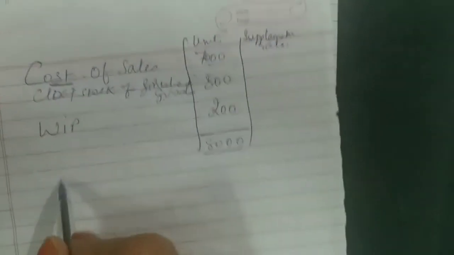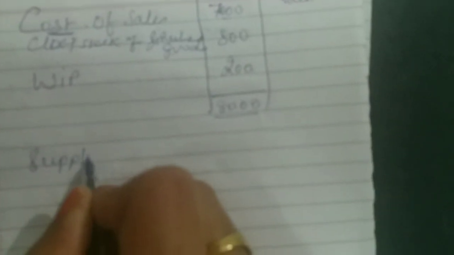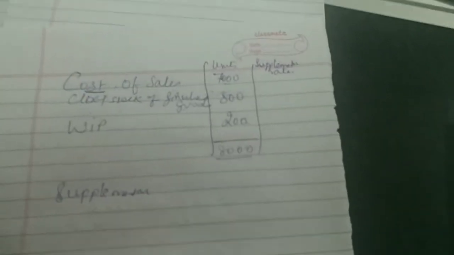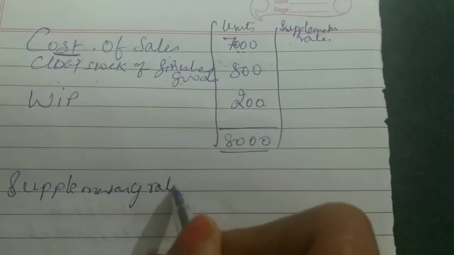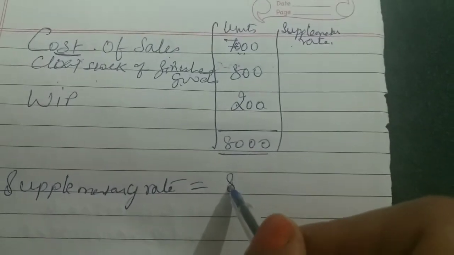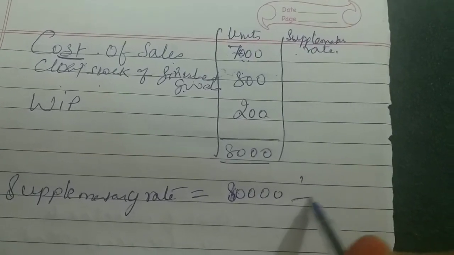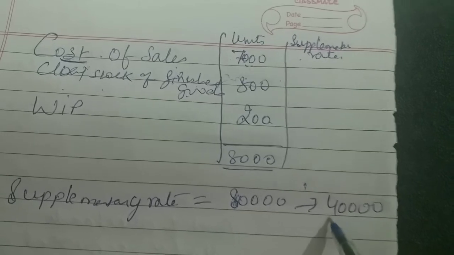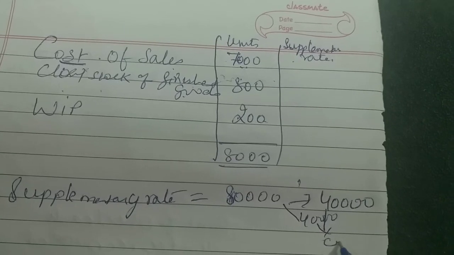So how would the supplementary rate be calculated? Now you remember, 40,000 out of the 80,000, only 40,000 had to be adjusted to these, and the balance 40,000 we had taken to costing profit and loss.